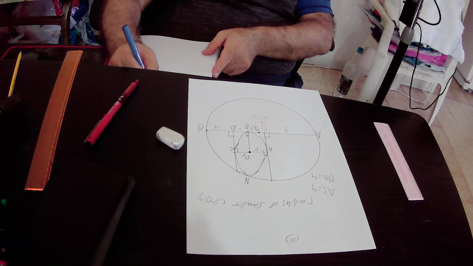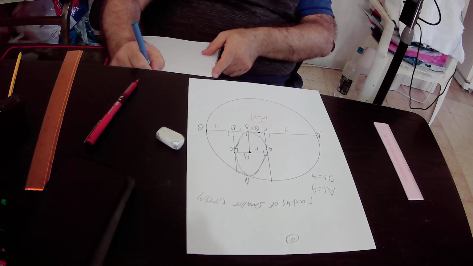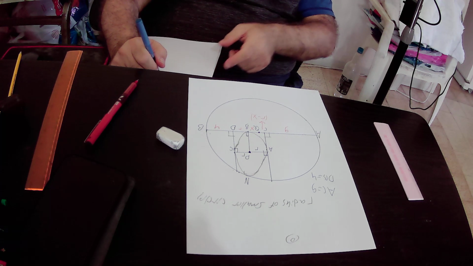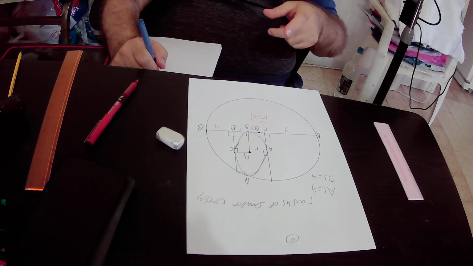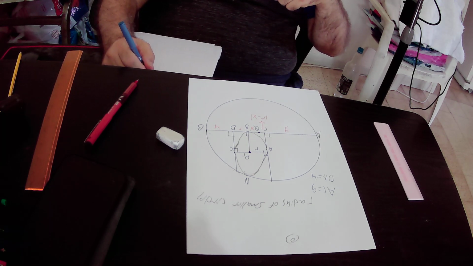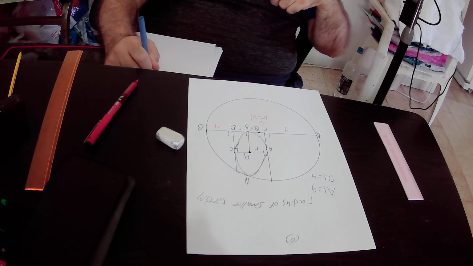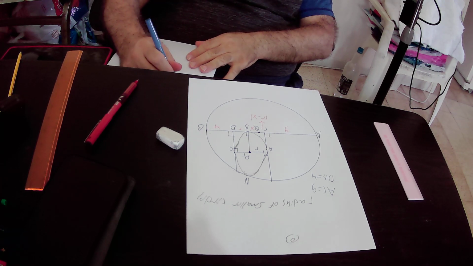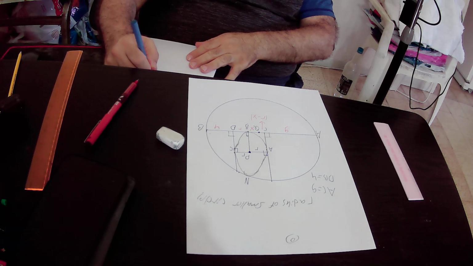So PQ is the distance between the centers of the two circles, and according to rule number 1, PQ equals the difference between the radiuses of the two circles. PQ equals capital R minus small r. Okay, so that will be our equation number 4.